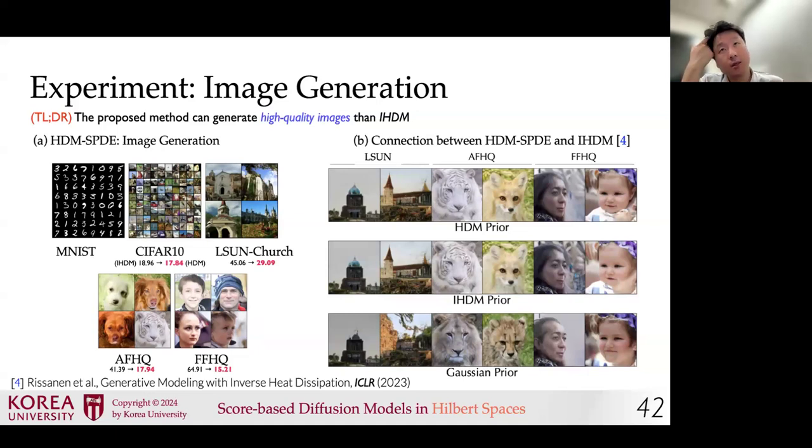You can also observe the connection between IHDM and our proposed method, HDM SPDE: they share the same prior space, as you can see on the right-hand side, which is very different from Gaussian noisy spaces. So IHDM and HDM use the same prior space, whereas HDM can generate much higher quality samples than IHDM because we can utilize various scheduling.